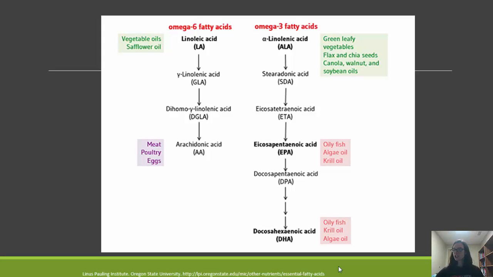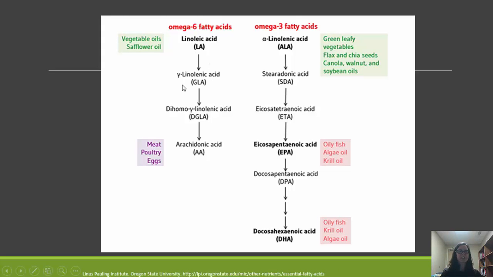Okay, so as we just said, there's 2 major classes of essential fatty acids, and each parent compound can give rise to longer chain derivatives inside of the body. First we have our omega-6s, which is our linoleic acid.